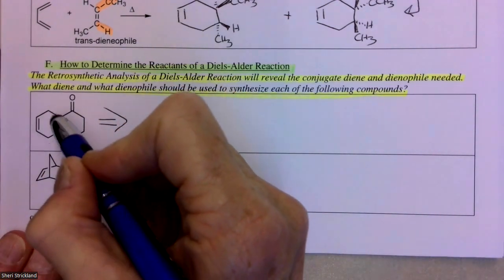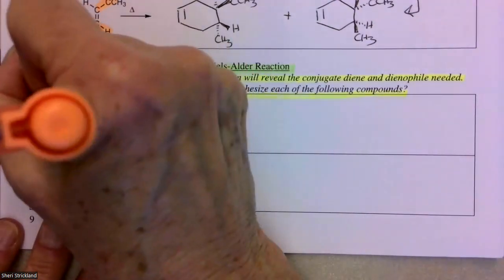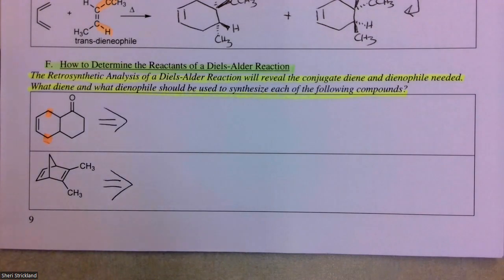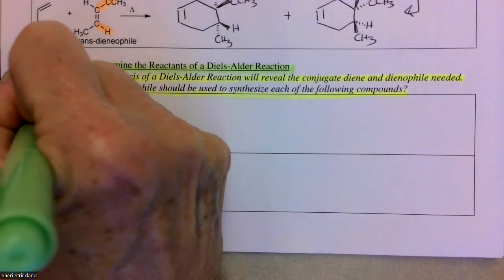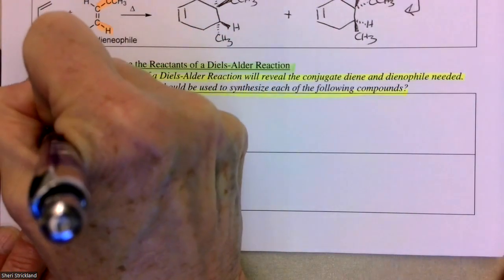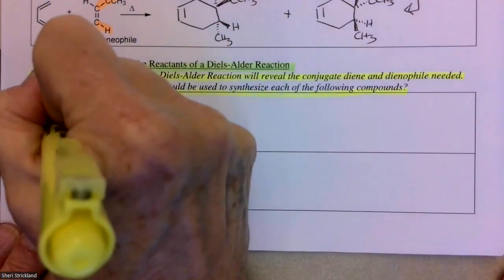The new six-membered ring that's formed has to have a double bond in it. That means the conjugated diene had to have been here. And these are the two new bonds. And these guys were part of the dienophile.